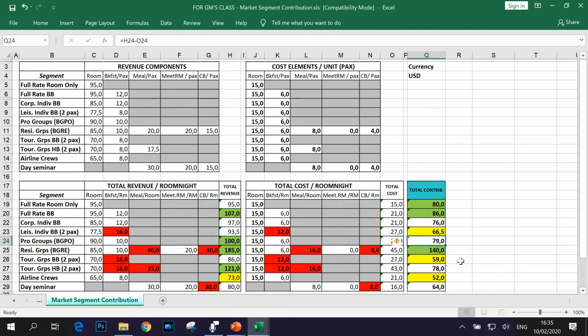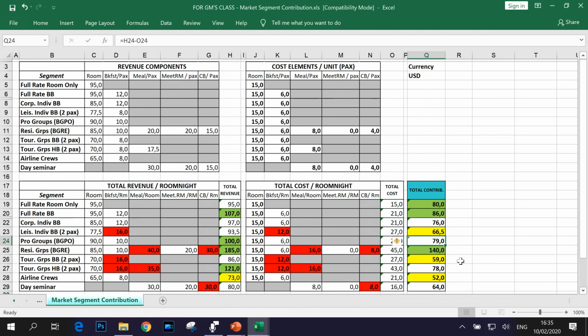This way, we can identify what is our potential growth in terms of the hotel GOP and profit margin by pushing certain specific market segment.